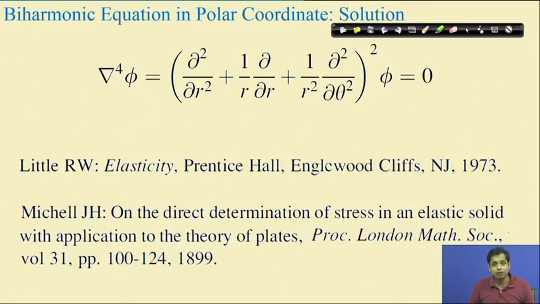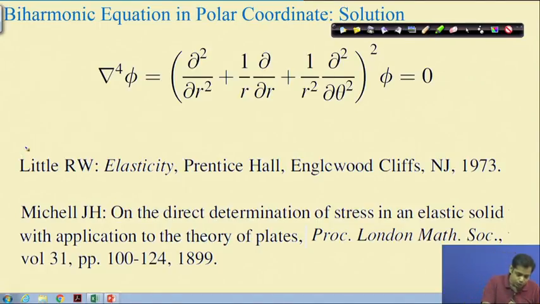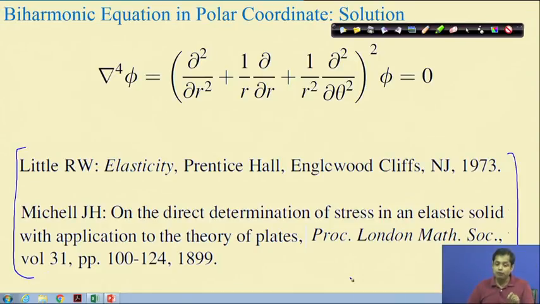That exercise we will not do in this class. If you see any book on elasticity, that exercise is given, and the detailed solution of phi is given in these two articles. Further details of the relation between different constants are given in these two articles.